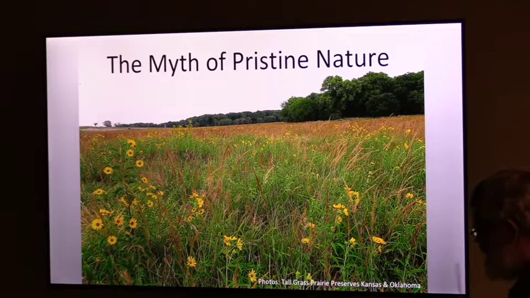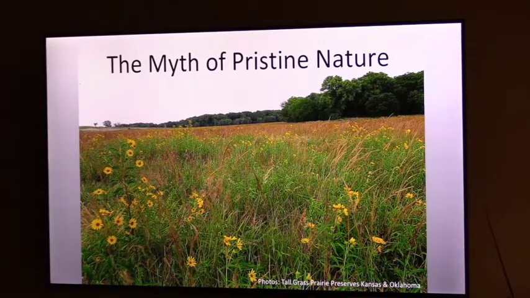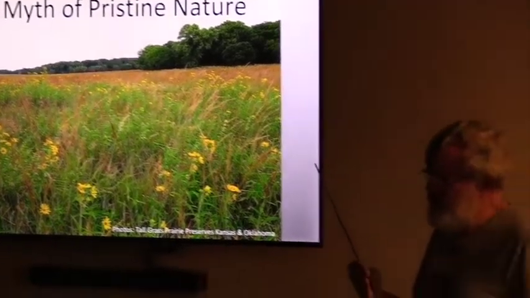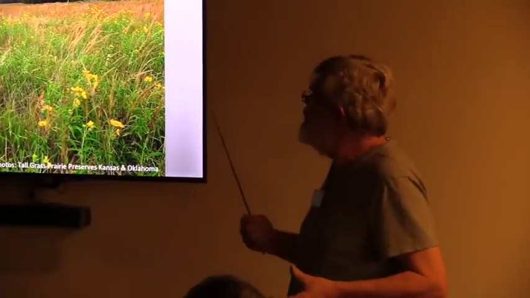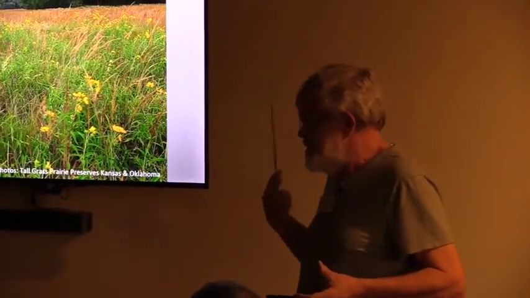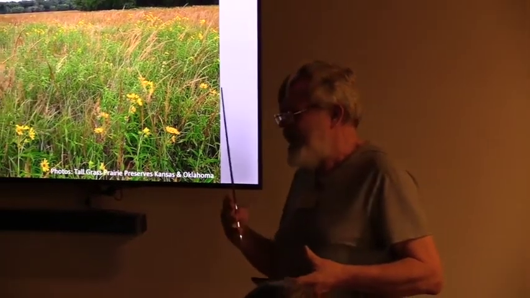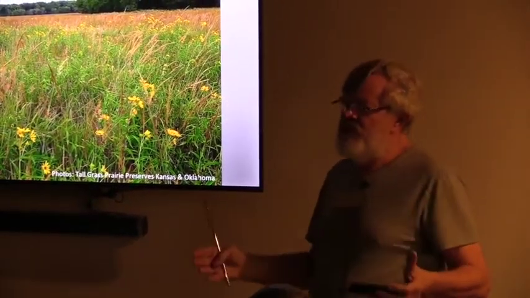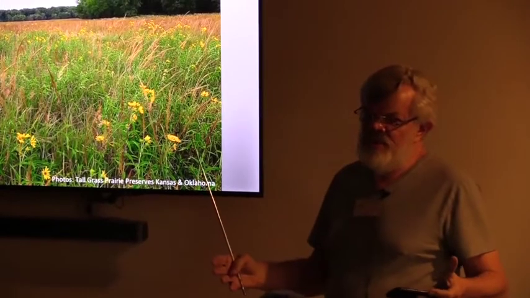Now, there are two main concepts that were prevalent in the minds of Americans, or settlers, if you will. One of them, and the Europeans in particular, drove this because there wasn't anything like pristine nature in Europe.